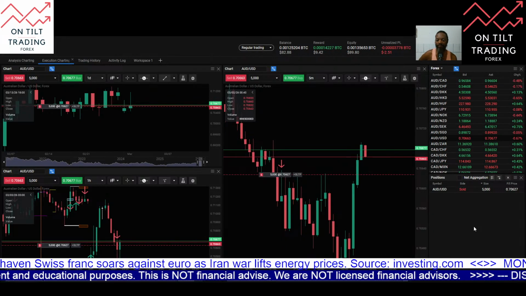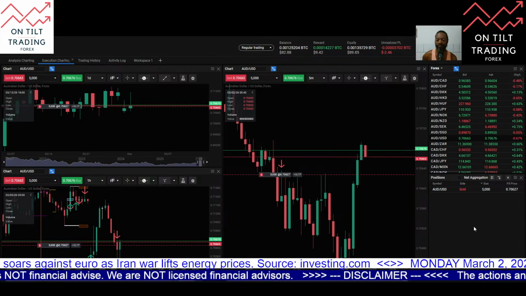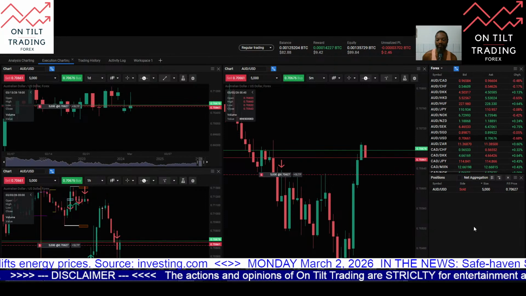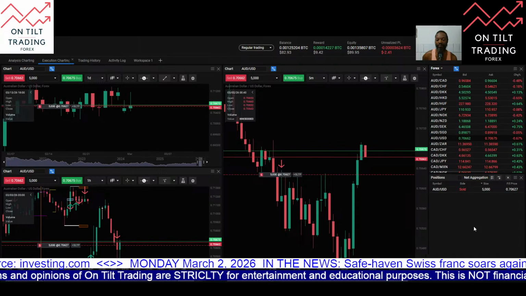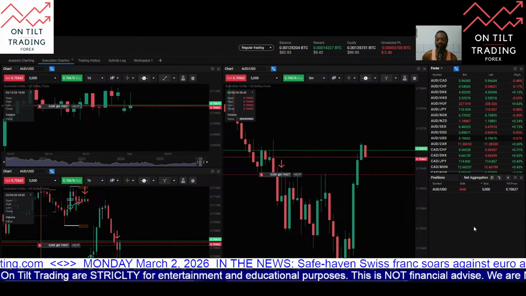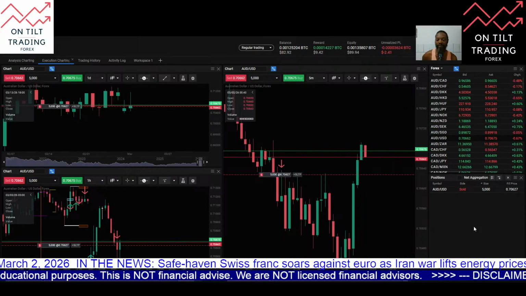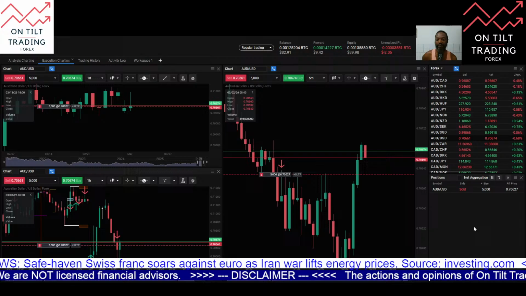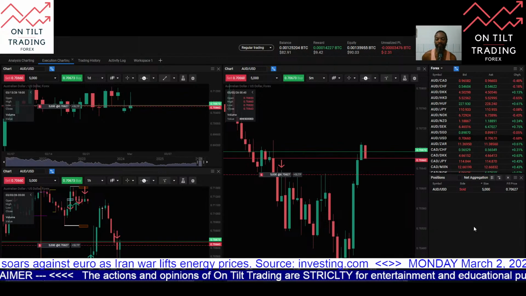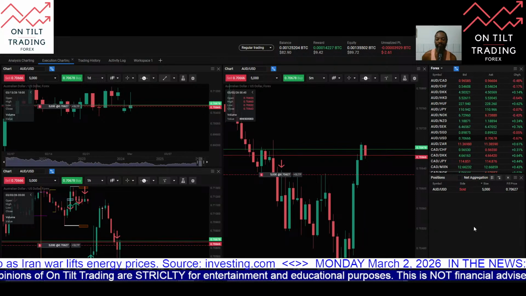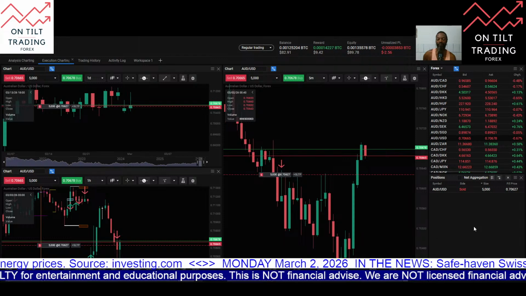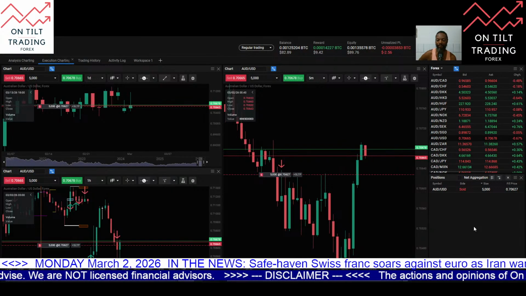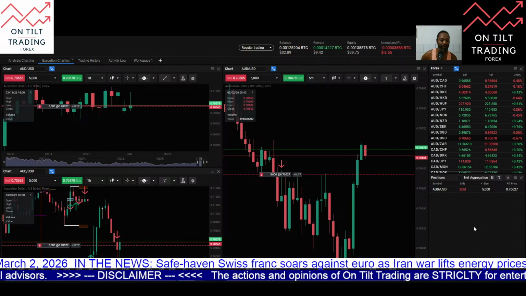Seeing some sell side delivery here. Price trading near the 0.70660 level. Less than 1 minute remaining in the current 5-minute candle.